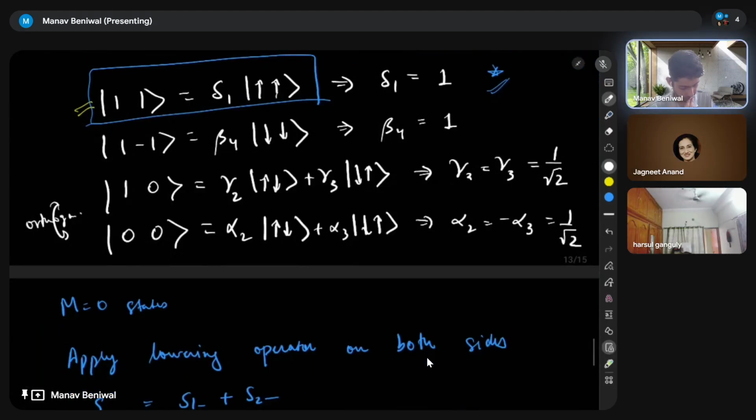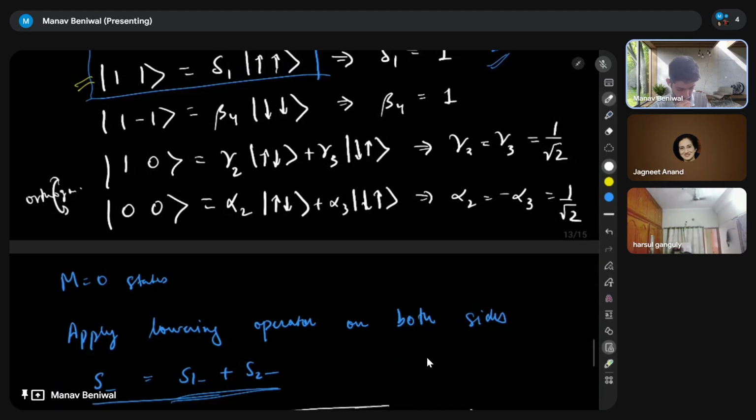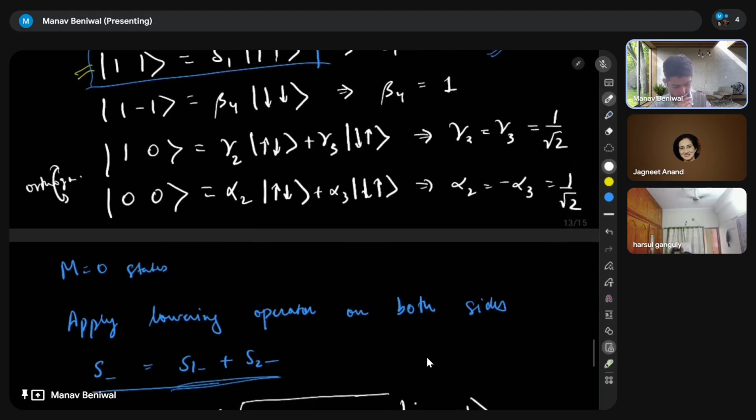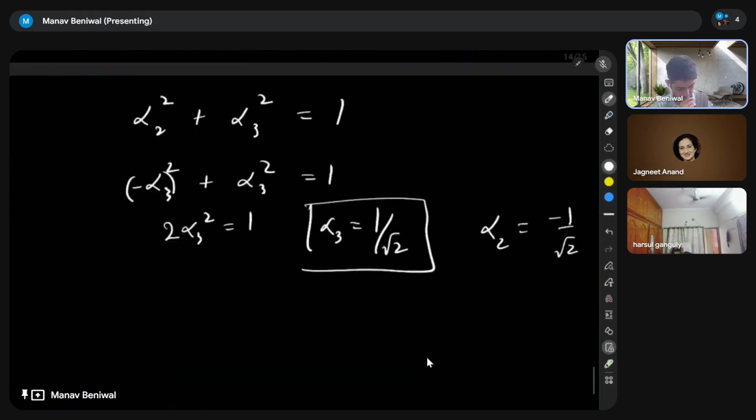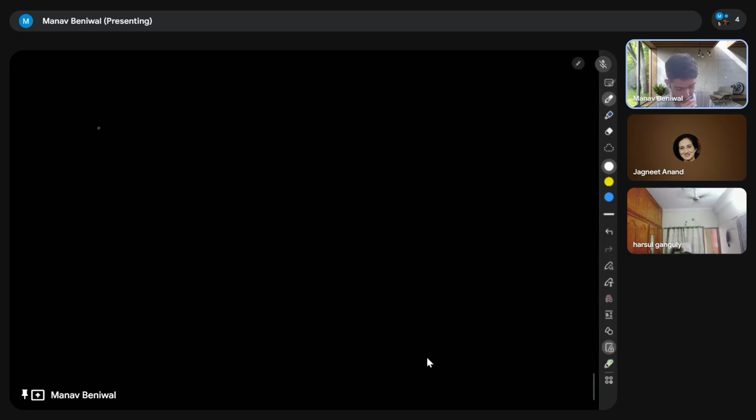Let me write it down this way. On the left hand side it will be 1 1, 1 minus 1, 1 0, and 0 0, and on the right side 1 1, 1 0, 0 0, and 1 minus 1.